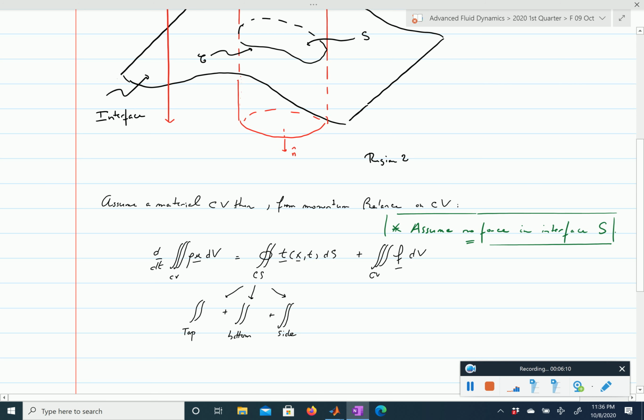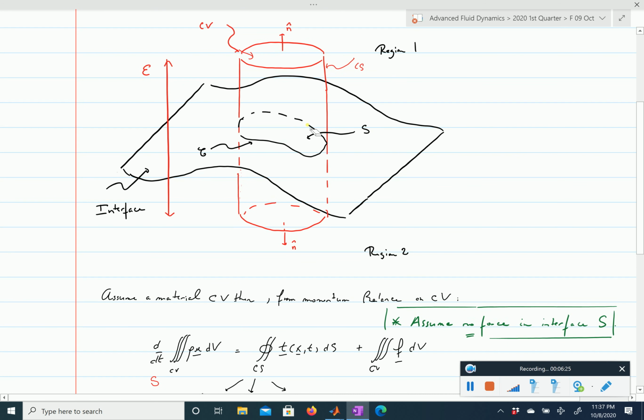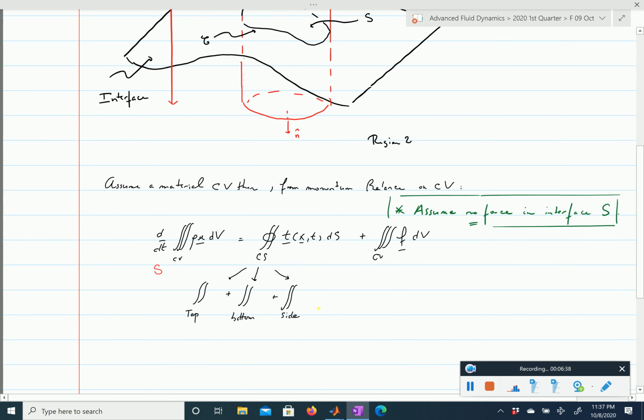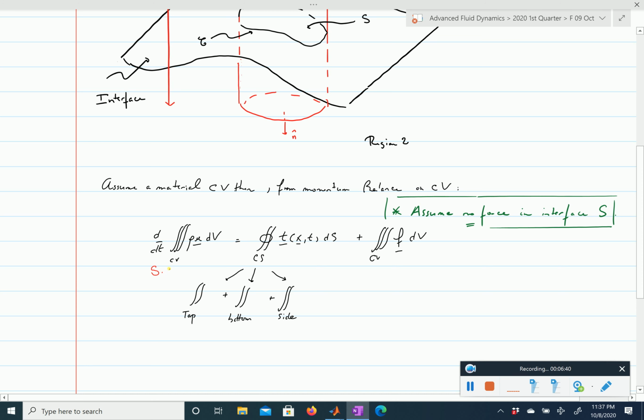Okay, so how do those integrals scale? We did that a few times when we discussed the Cauchy stress tensor. Here, our volume is going to scale with our surface S. I'm calling S this area here, the area of the piece of the interface which is intersected with the control volume, and our volume will be S times epsilon.